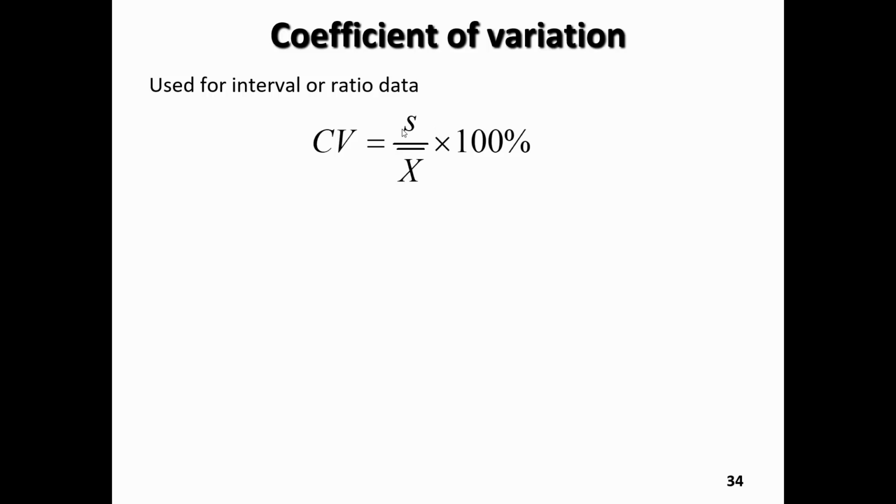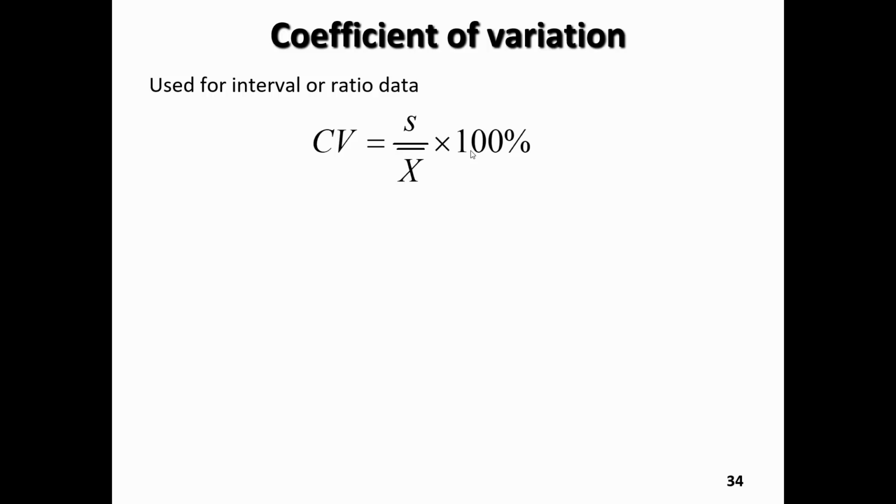So if the standard deviation, using one of our previous examples, was 5 years, around an average of 80 years, it's important to note that the units, years divided by years, will cancel. And then that will produce a ratio that does not have a unit of measurement. We multiply it by 100%, and that puts it in a percent.